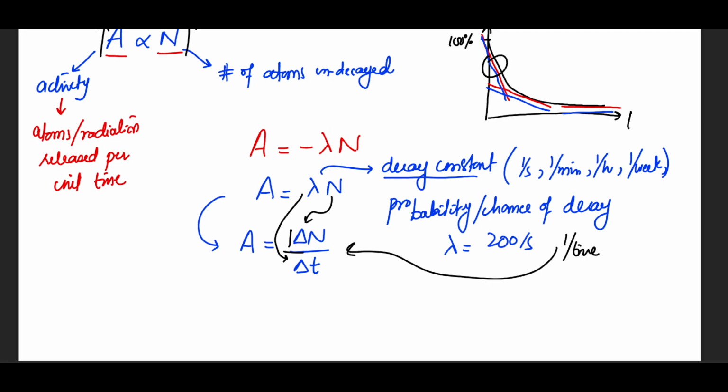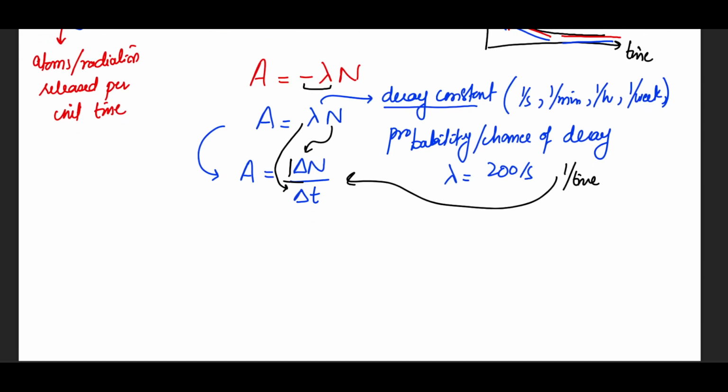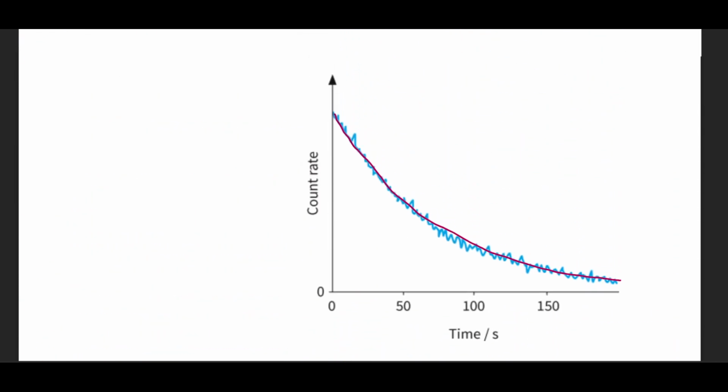On this axis we have time and on this axis we have the number of atoms. So y-axis divided by x-axis gives us number of atoms divided by time, which also becomes activity, as devised earlier, and this negative sign copes with the gradient of this graph. Anyways, moving on to this formula, okay?